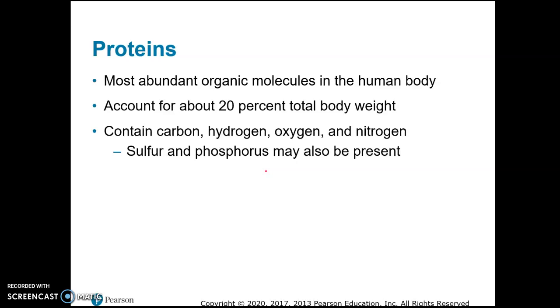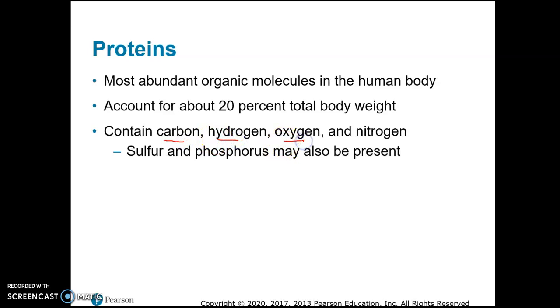Proteins are the next category of macromolecules. They're the most abundant organic molecules in the human body, and they account for about 20% of the total body weight. They're still composed of the same 3 elements as lipids and carbs: carbon, hydrogen, oxygen.